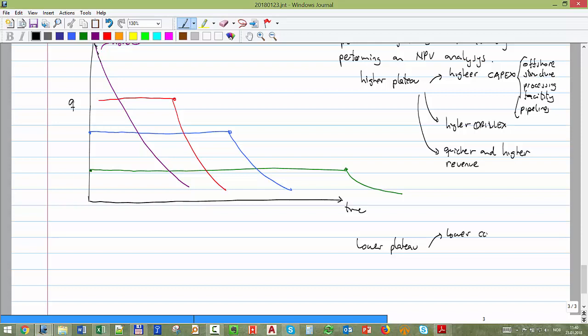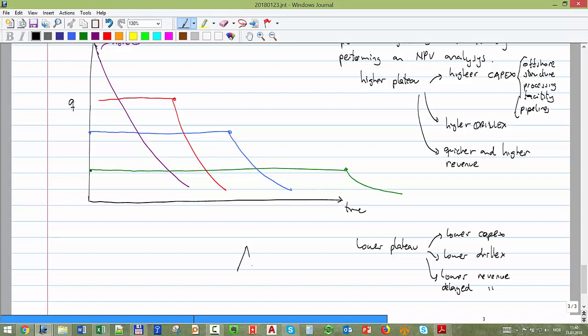Lower capex. Okay, also gives you lower drillex, but it also gives you lower revenue. Okay, or delayed revenue also. Delayed revenue. So it's like you have a balance.